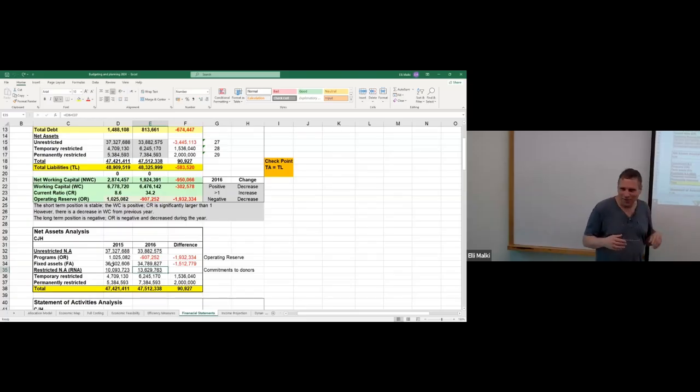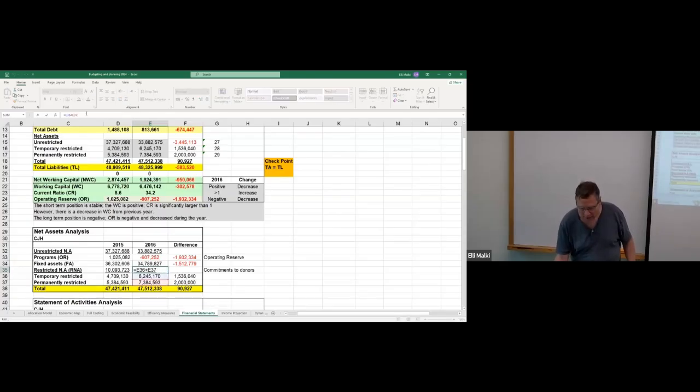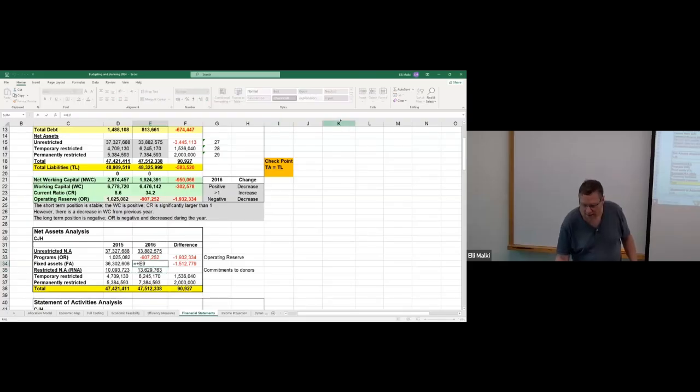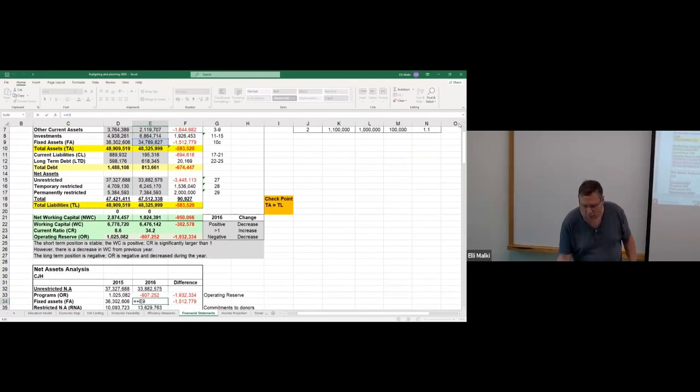It's not related to net assets, but to something else in our cellular biology. So here we have the restricted net assets, which is the sum of both temporarily and permanently restricted. Again, for our purposes, it's not important.